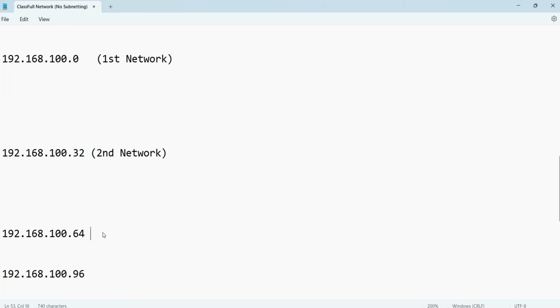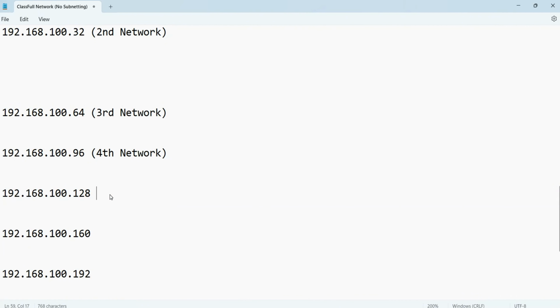And this one over here is my third network. And this one is my fourth, and each one is on a different network, which means they cannot talk to each other. And this is my fifth network.